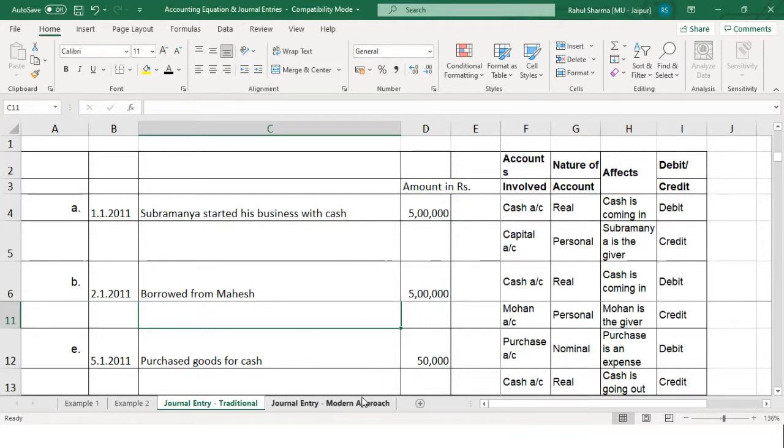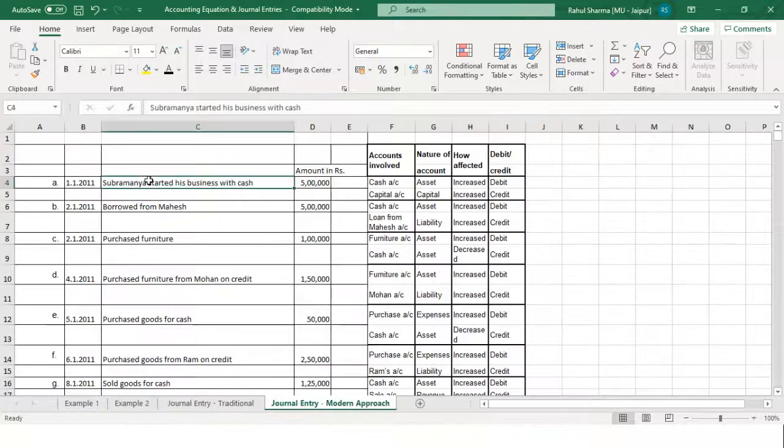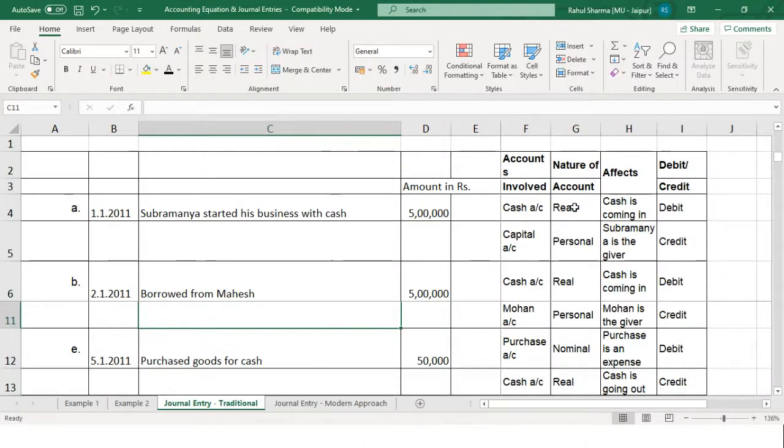Same transactions, we'll do it with the modern approach now. So Subramaniam started business with cash, so then own 5 lakhs. The same transaction which we did. Remember what we did here? We classified accounts into real, personal, nominal; cash is coming in, going out, debit, credit.